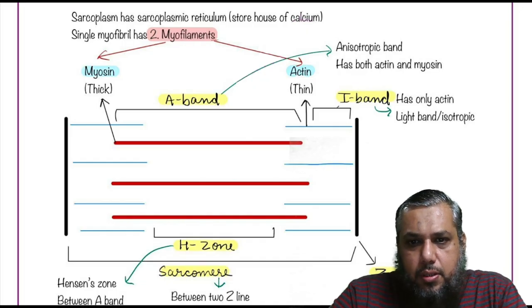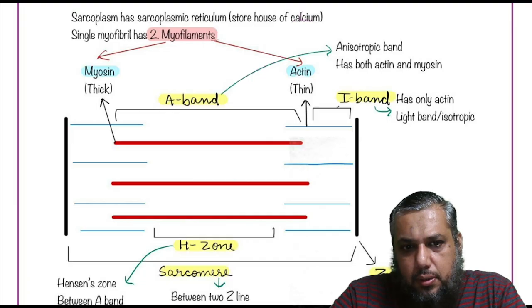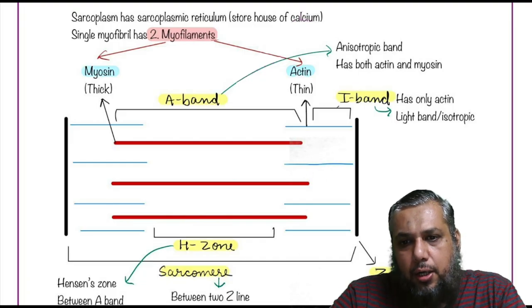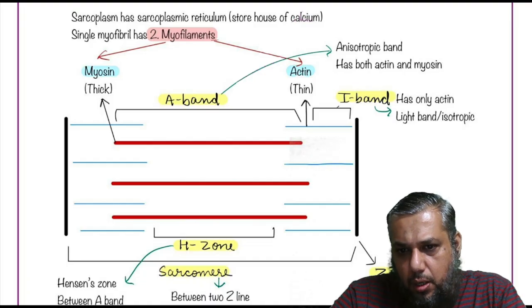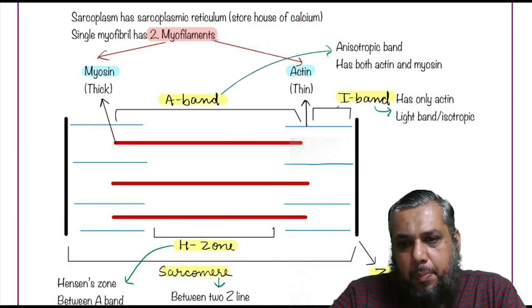The thin myofilaments are called actin filaments, and the thick myofilaments are called myosin filaments. The actin filaments are made up of actin, troponin, and tropomyosin, whereas the myosin thick filaments are made up of monomeric units, which are called meromyosin.